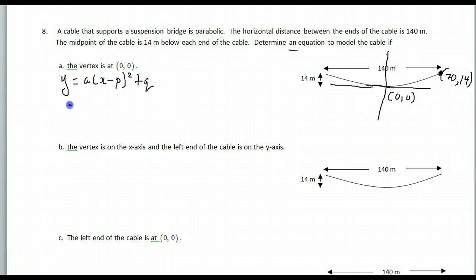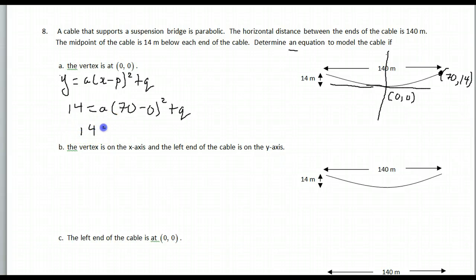The y value will be 14. A, we don't know. We need to calculate that because a really is the shape of the parabola. The x value is 70. p is 0. q is 0. We just have 14 is equal to a times 70 squared.